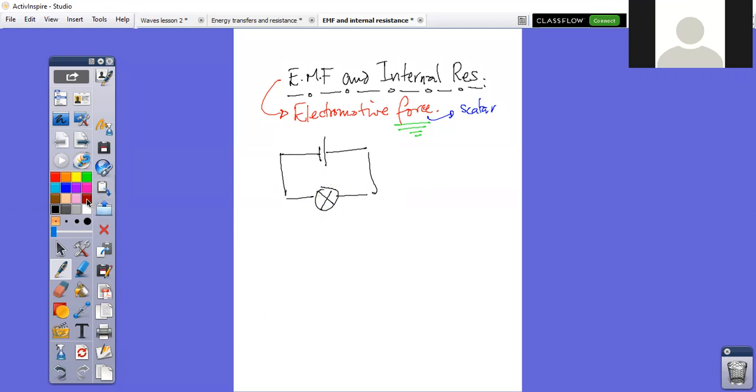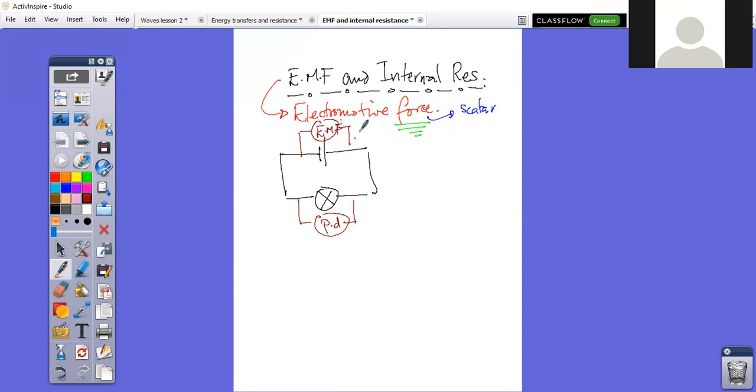So across any component that consumes it, we have a PD, a potential difference. This is referring to energy being transferred from the electrons to the component. But energy is transferred from the cell to the electrons, or the charge carriers, that we refer to as the EMF.